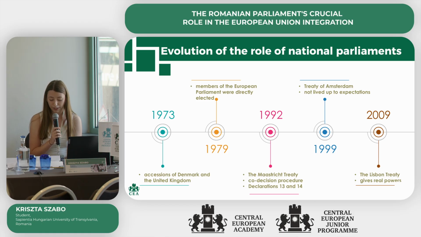The Treaty of Lisbon gave national parliaments real power in several important areas. For example, I want to mention powers related to primary law, examination of subsidiarity, information rights, the ability to initiate judicial proceedings, and the establishment of interparliamentary cooperation.